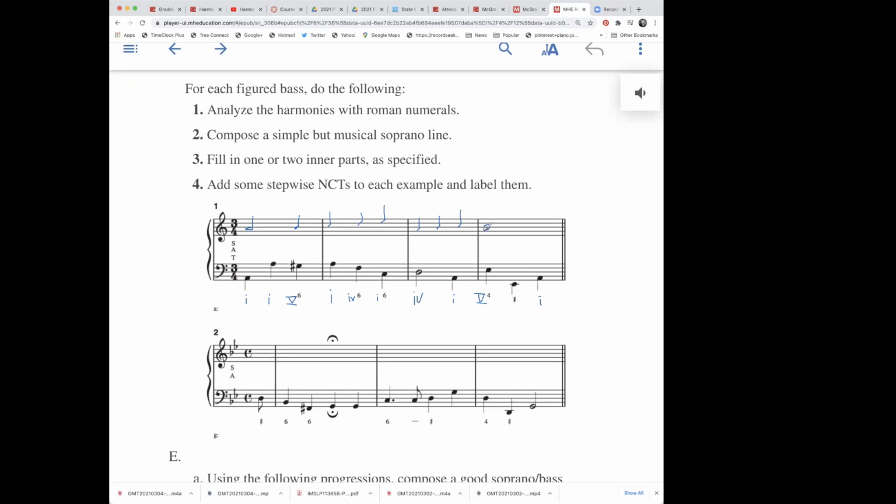You could also do your own thing, couldn't you? Something like that.